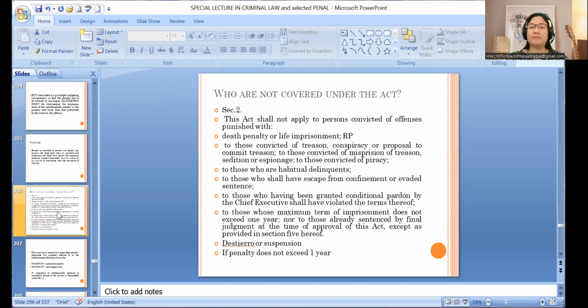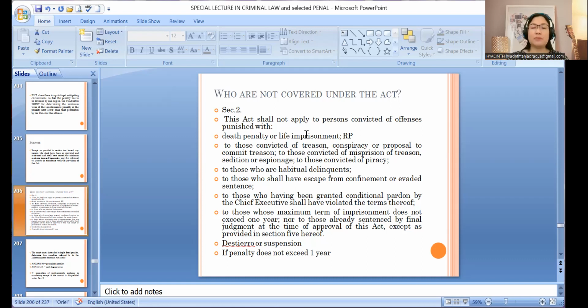And what are they? The provisions of the ISL shall not be applicable if the penalty imposed upon the accused is death penalty or life imprisonment. And for purposes of the application of the law, it shall also include reclusion perpetua.